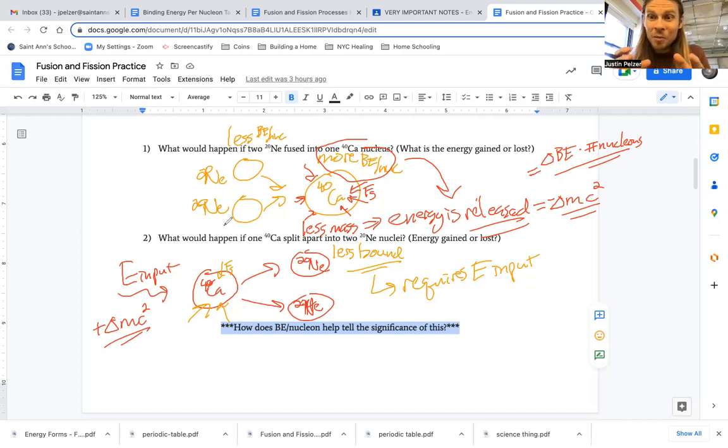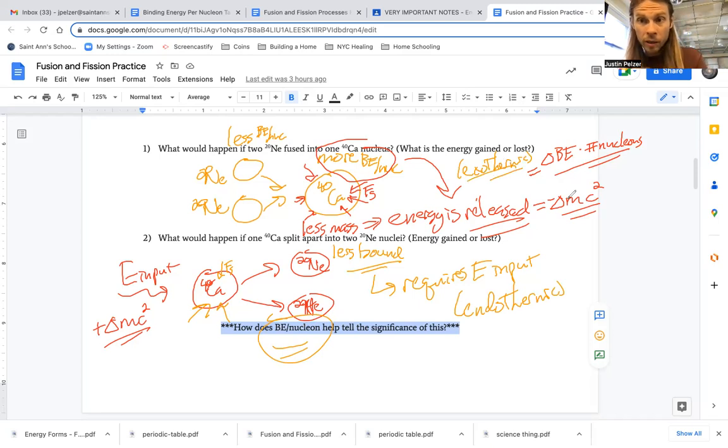So I literally had to take them apart, and that required energy input to force those nucleons apart. So that's the answers to those. And this tells us everything about whether it's exothermic or endothermic. This is endothermic. This is exo. So you only have fission release energy when it's down to iron. You only have fusion release energy when it's up to iron.